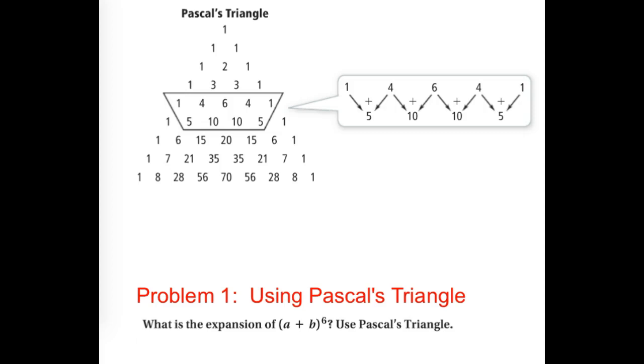So, for example here, 1 plus 1 gets us a 2. Okay? 1 plus 2 gets us a 3. 2 plus 1 gets us a 3. 1 and 3 gets 4. 3 and 3 makes 6. 3 and 1 makes 4. And we can just keep generating every row by adding the numbers above it.